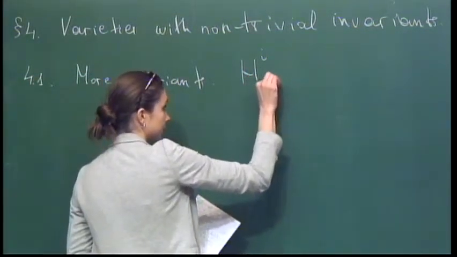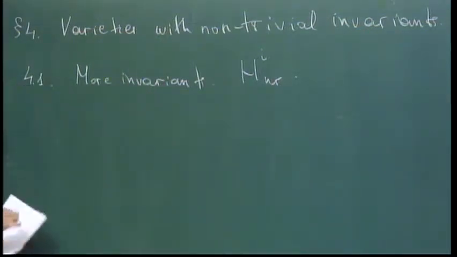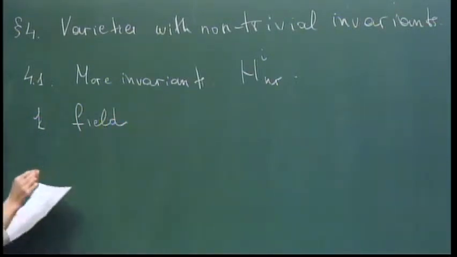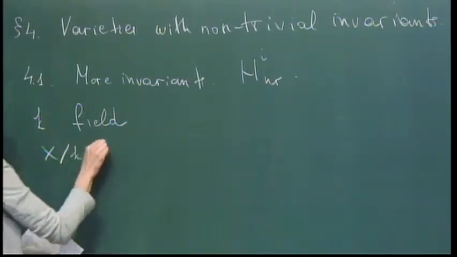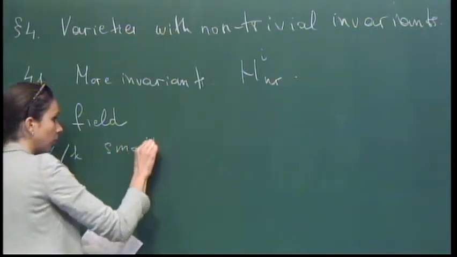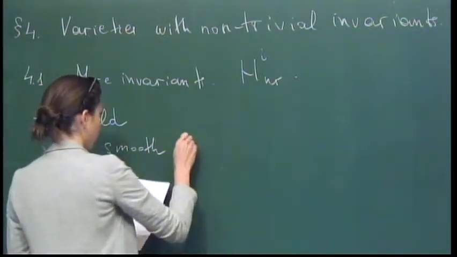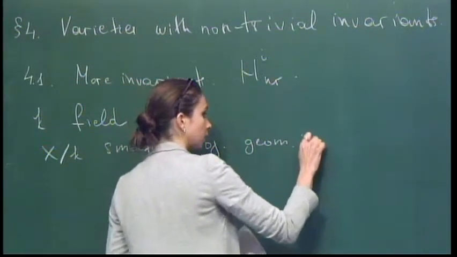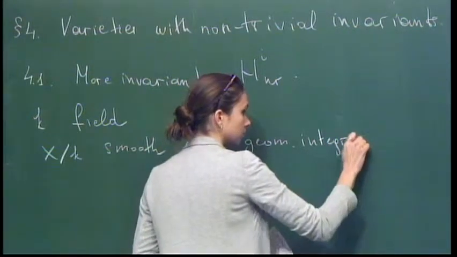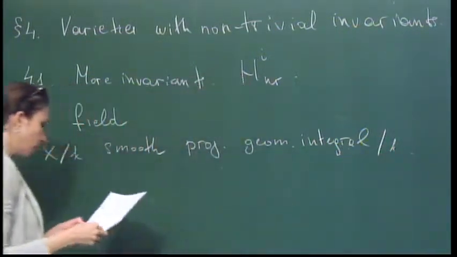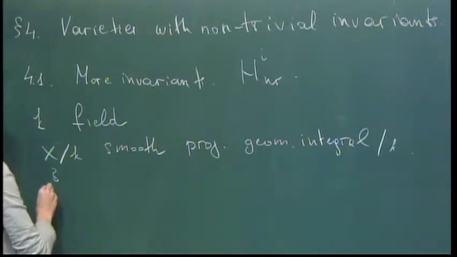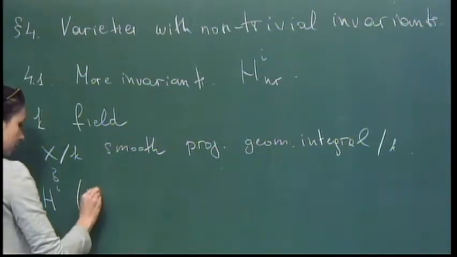Which we will denote like this. So, okay, let's take K a field, and X over K a smooth, and say projective, geometrically integral variety. Then one has a field, which is the field of functions of X, and then one can associate to this field its Galois cohomology groups, right?